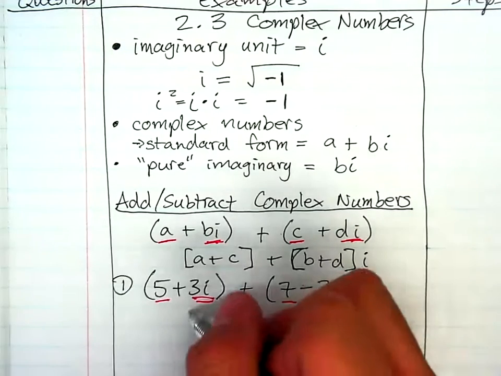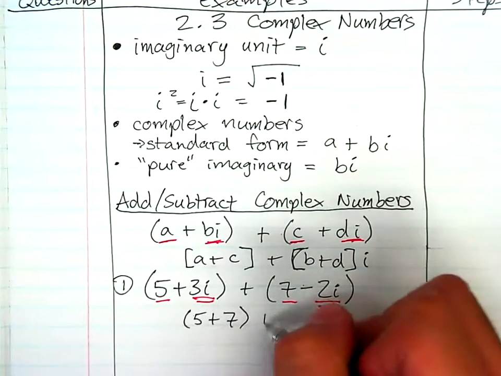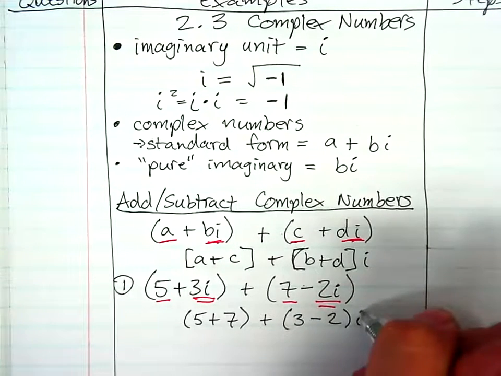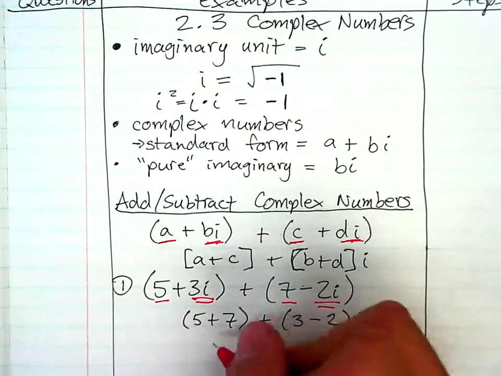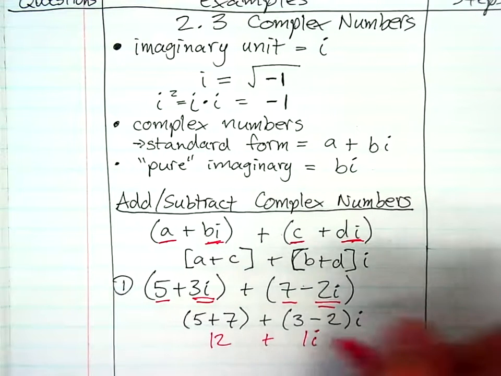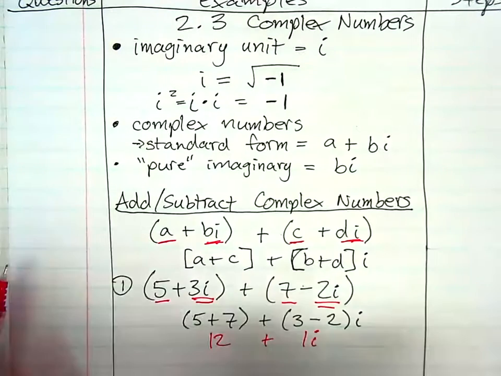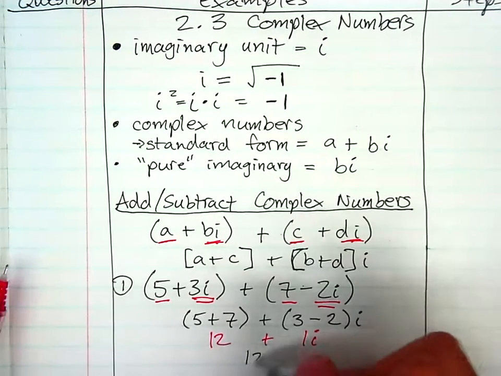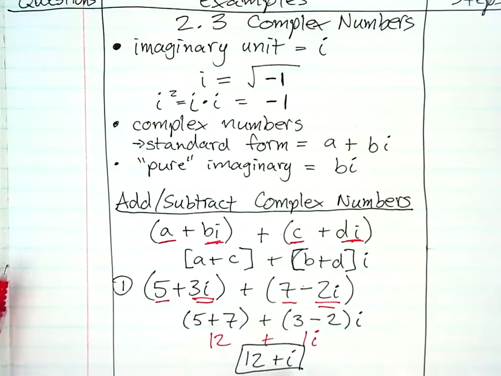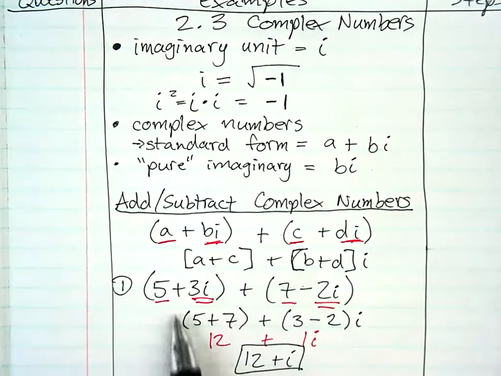I'm going to go ahead and put these with the like terms, so 5 plus 7, and then plus 3 minus 2i. 5 plus 7, simple enough, 12. 3 minus 2, just 1, so 1i. So just like in working with variables, you don't need to write the 1. You are allowed to just write 12 plus i. Same exact thing.